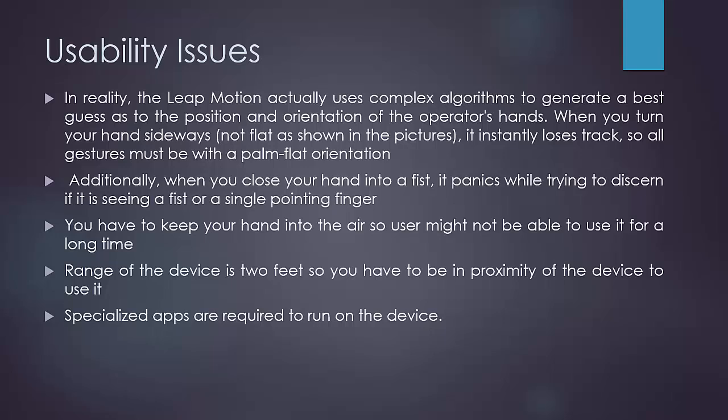Additionally, when you close your hands into a fist, it panics while trying to discern if it is seeing a fist or a single pointing finger. So these are a few accuracy issues with this. And as the hardware is evolving over time, these issues would go away, but currently these are obstacles in its survival. Also, you have to keep your hand in the air so the user might not be able to use it for a long time.